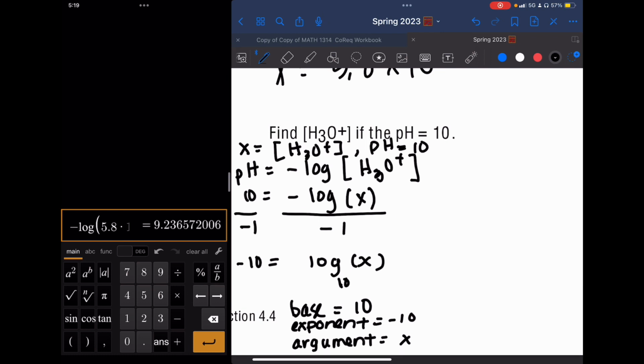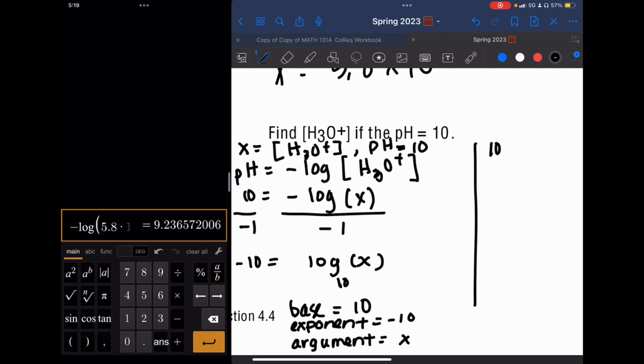So that means we can say that 10 raised to the negative 10 is going to equal x. So now you know that x is equal to 1 times 10 to the negative 10.